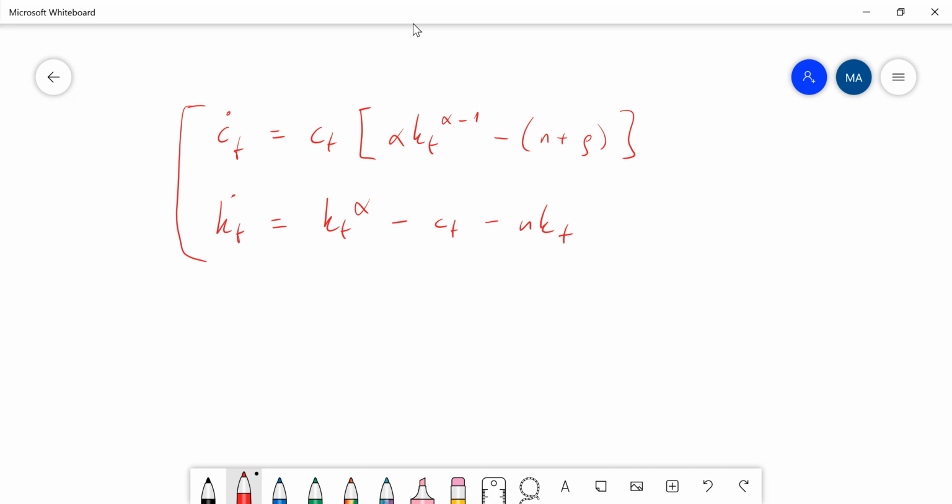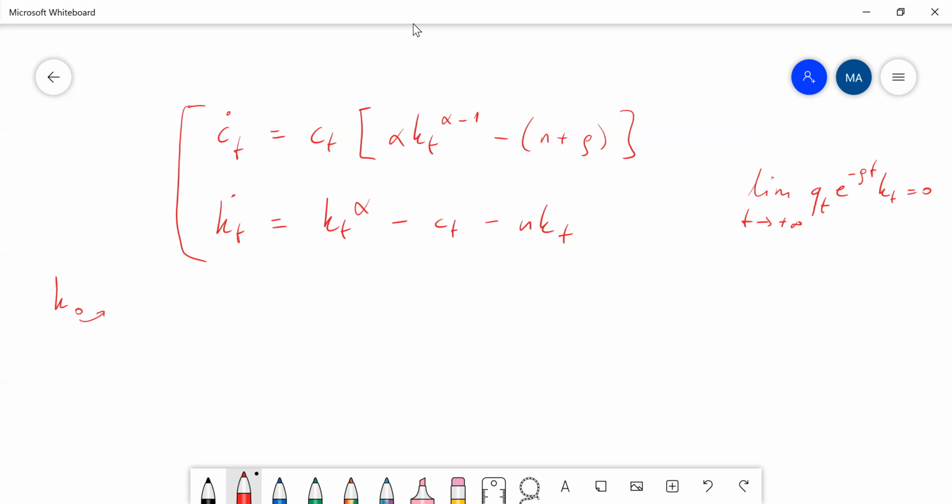Now, what do I know about this system? Oh, by the way, I haven't still checked the transversality constraint. Don't forget that. This is Q_t e to the minus rho t, K_t, equals 0 as t goes to positive infinity. So what do I have here? I have a nonlinear dynamical system. I want this system to start its evolution from K_0.